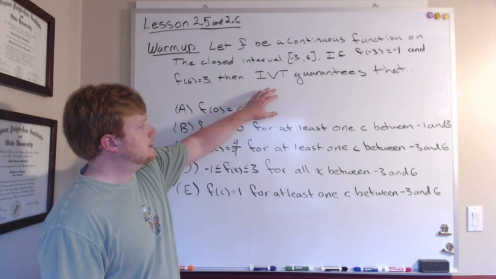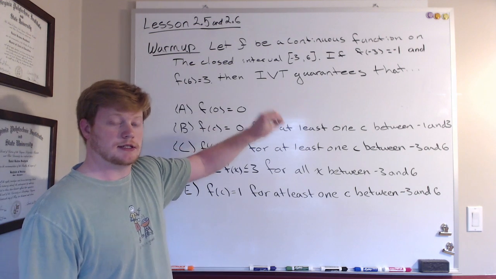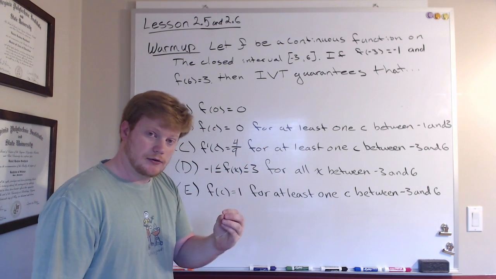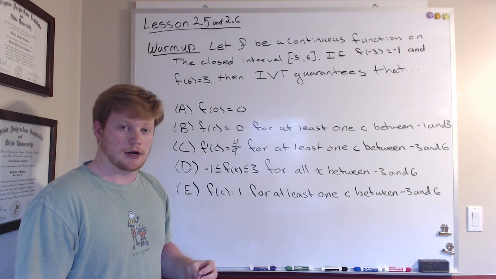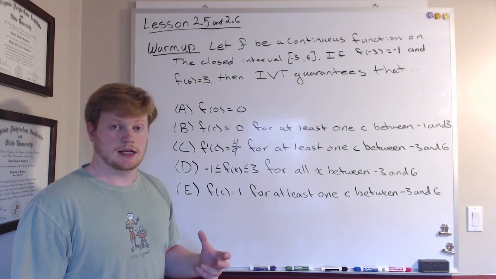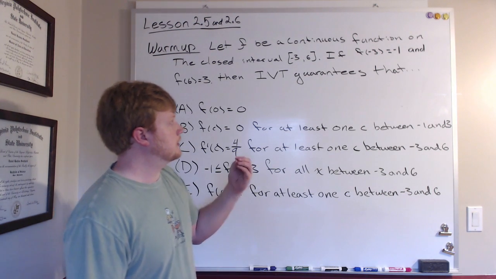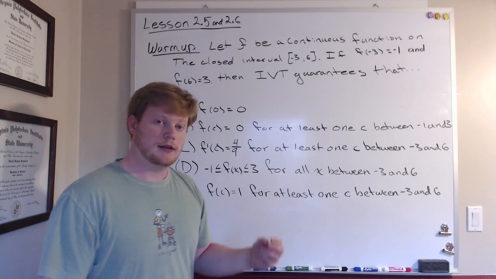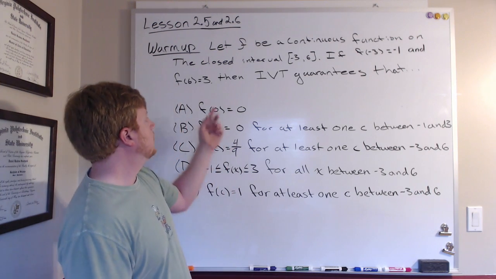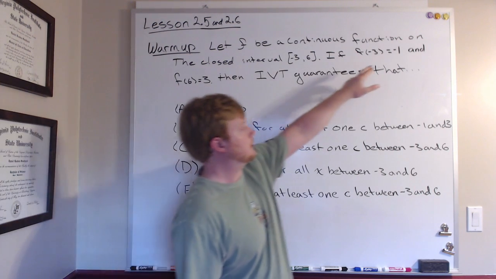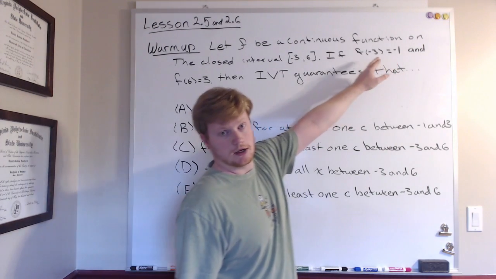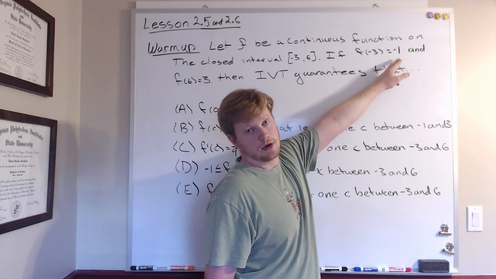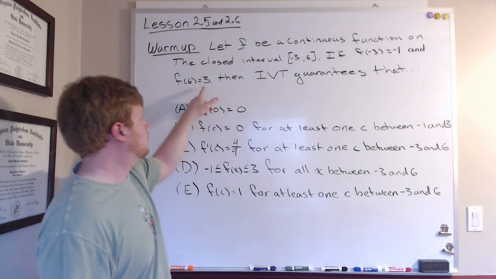So the IVT again guarantees the existence of an x value, an input. They call it C in the theorem. There is a C value such that f of C equals some number between the endpoints of my range.